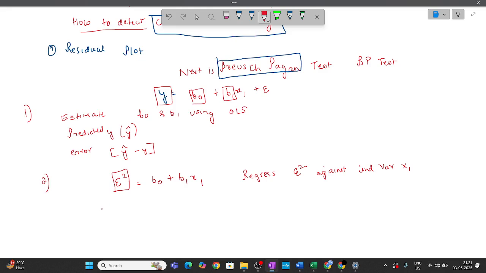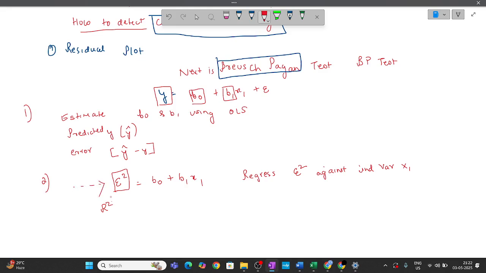Now what you will do is you will calculate the coefficient of determination of this second regression. You calculate the r square of this second regression. You are regressing the squared errors against the independent variable.